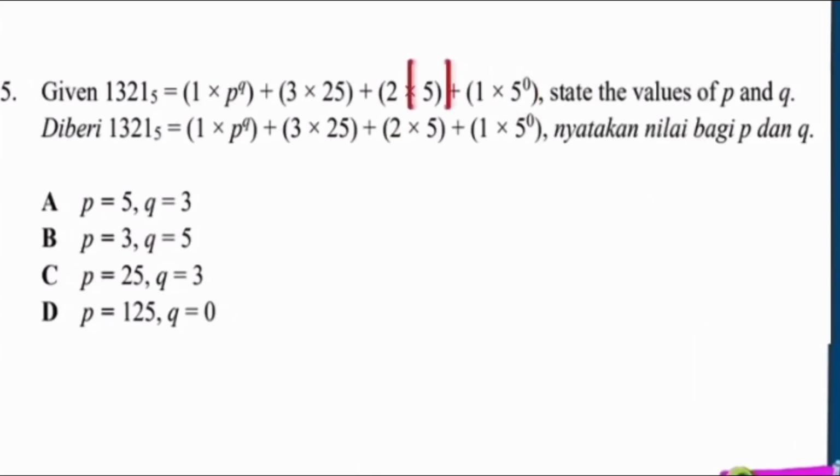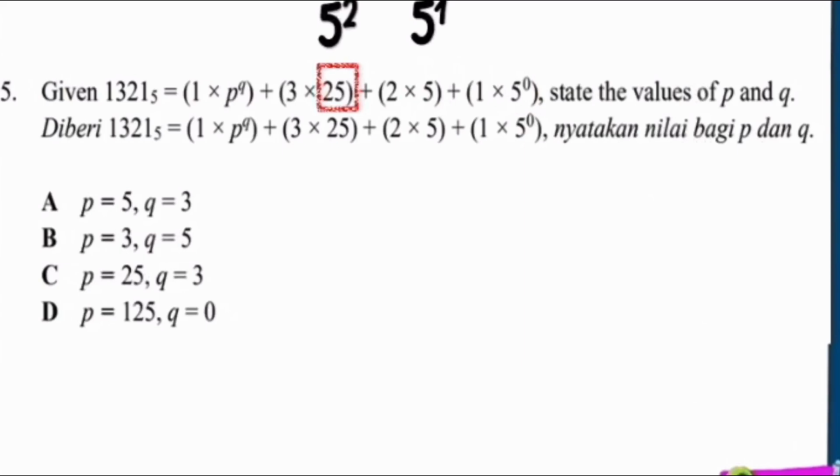When you see 2 times 5, we have 5 to the power of 0, 5 to the power of 1, and then 25 should be 5 to the power of 2. This 25 you convert to 5 power 2, and then for p to the power of q, you should know the answer already.